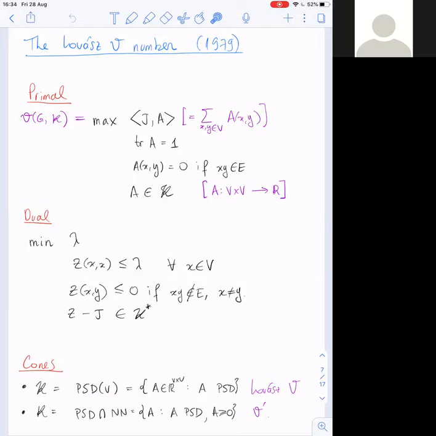If you replace K by the intersection of the cone of positive semi-definite matrices with the cone of non-negative matrices, so you get non-negative positive semi-definite matrices, you get something called the theta prime number, which was later introduced independently by Schrijver and McEliece, Rodemich, Rumsey, and a third author I forgot.